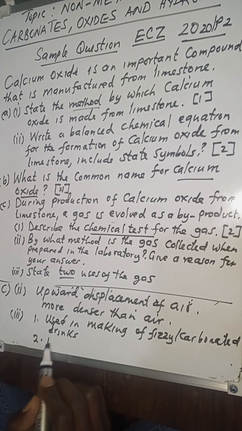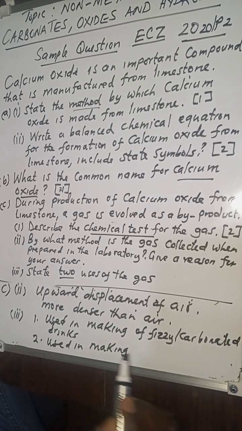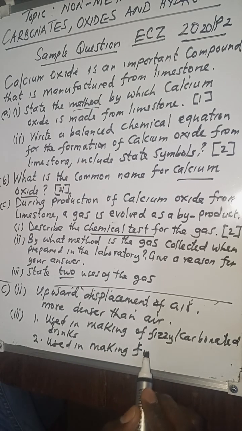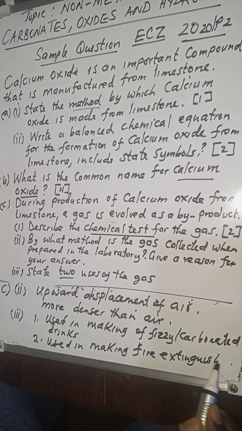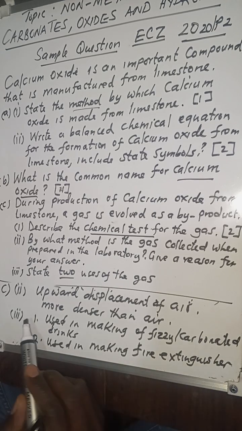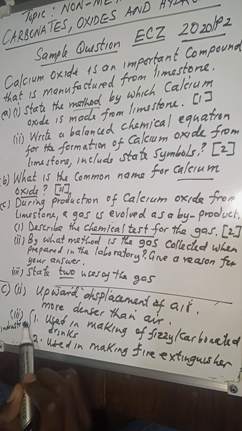Then two, it is used in making fire extinguishers. So you can also use it in making fire extinguishers. So these two that I've talked about, we can simply say these are industrial uses of carbon dioxide.